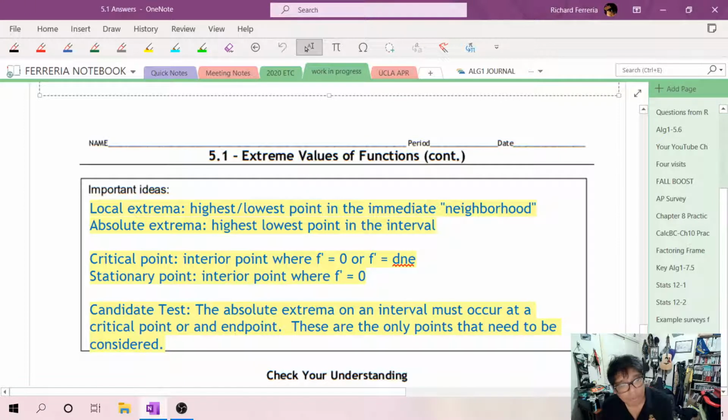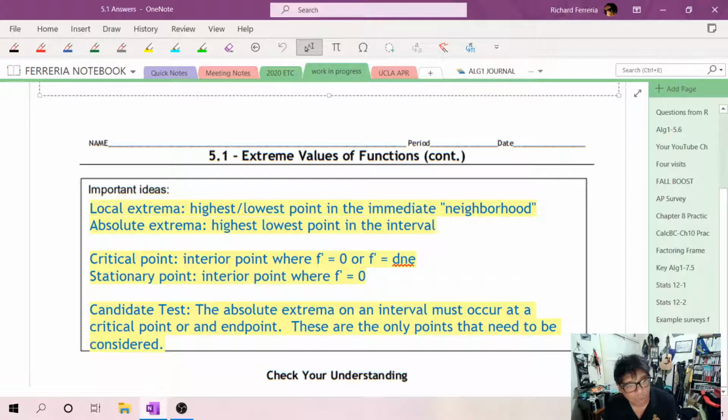Absolute extrema would be the very highest point in that interval. You can have many local extrema, but you can only have one absolute extremum unless the absolute extremum doesn't exist.